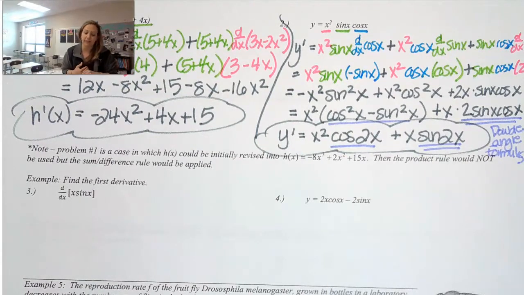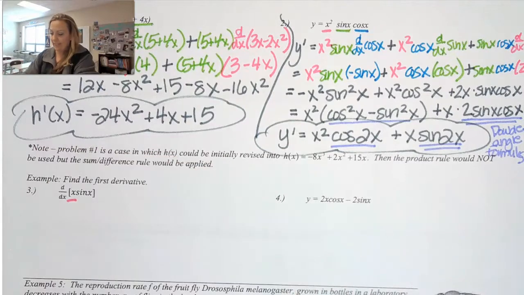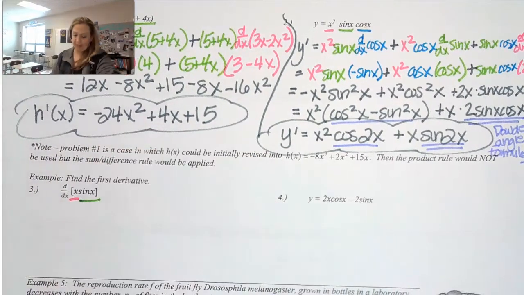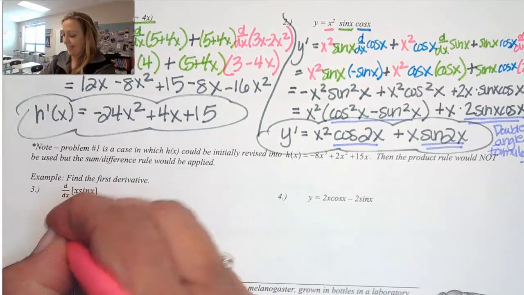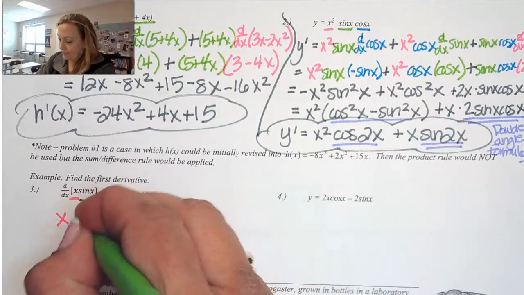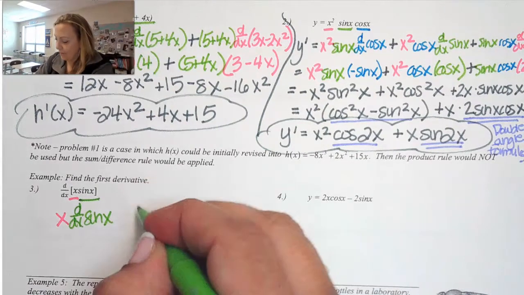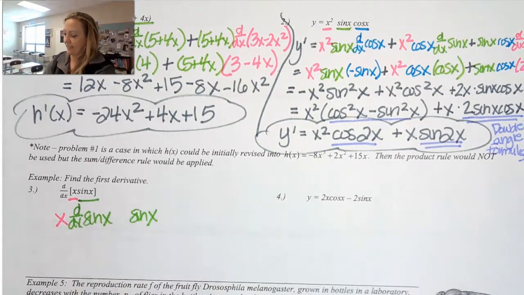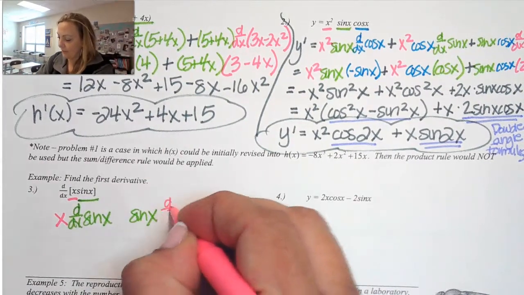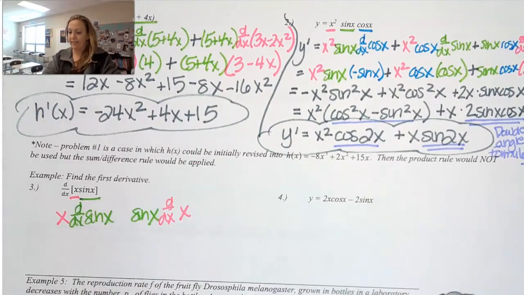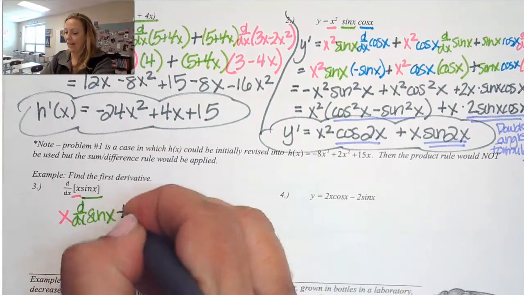Let's do another one. Example 3 wants us to find the first derivative. And we're taking d dx of x times the sine of x. So that means that I'm going to take x times the derivative of sine of x. And then I'm going to take sine of x times the derivative of x. And the product rule then says that I would add those together.